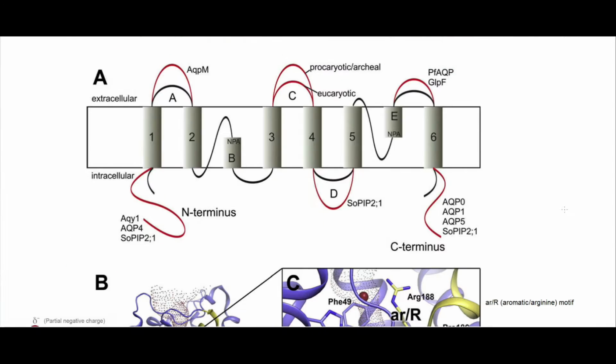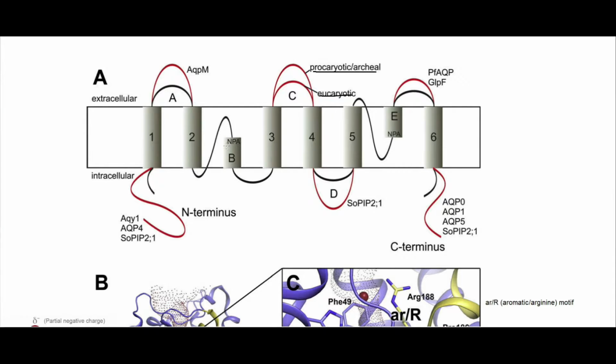All right, and so the aquaporin has this topology here, where it has these six transmembrane domains. Then you can see between the prokaryotic and archaeal, and then the eukaryotic, there are different sizes of these different loops here.